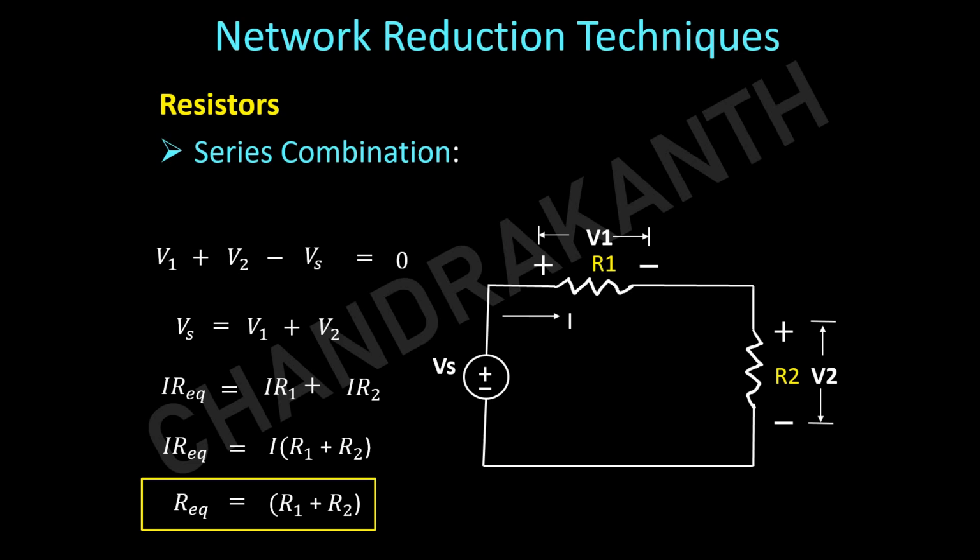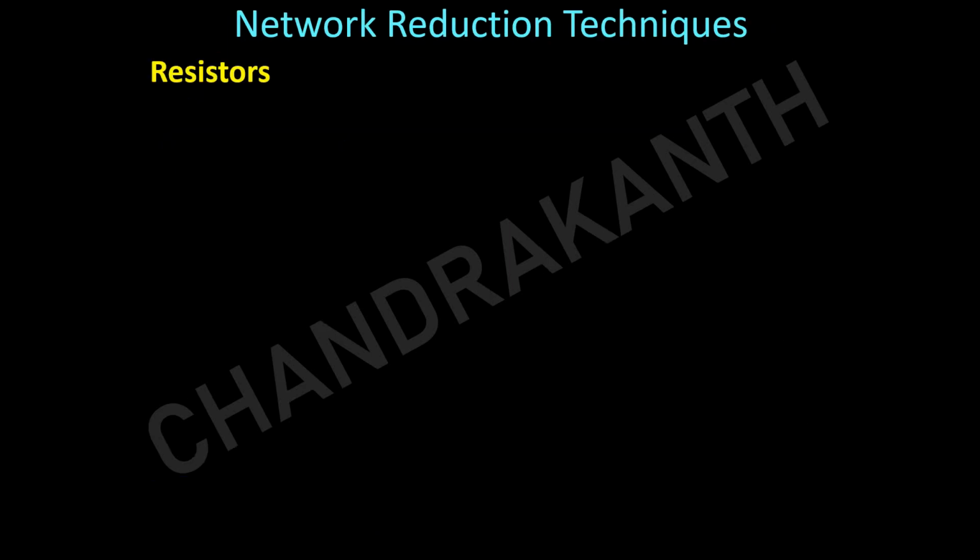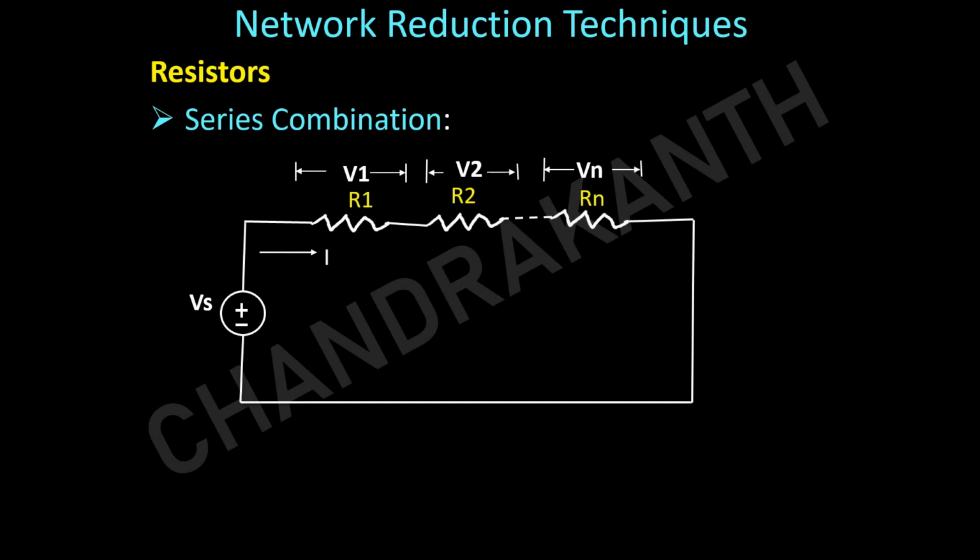Now let us see in a general case if N resistors are connected in series. The concept remains the same. You will apply KVL to this. So the algebraic sum of the voltages around the circuit equals 0. That is, the source voltage will be equal to the sum of the drops across the network.